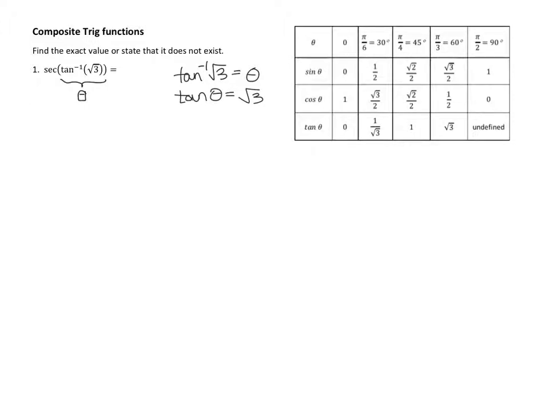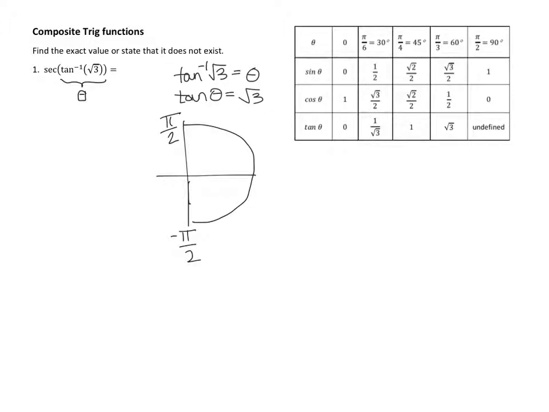The way we work the inverse tangent functions is we want to find the theta that gives us square root of 3 when we take the tangent. As you remember for inverse tangent, our thetas are restricted between pi over 2 and negative pi over 2. But all you basically need to do is find the reference angle.